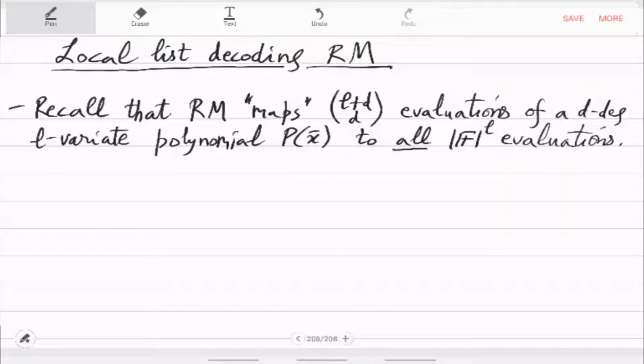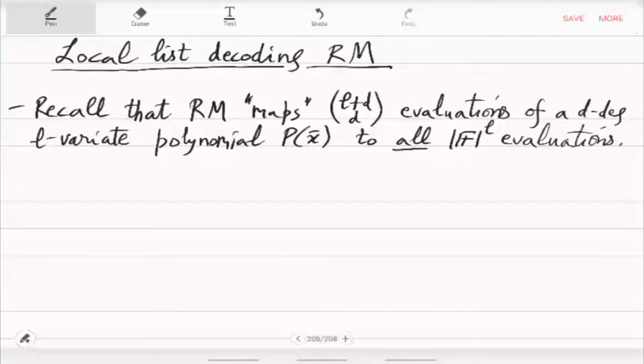Given these L plus D choose D evaluations, the message is essentially as good as giving the coefficients, so describing P uniquely, and once P is described, then the code word is all evaluations. Okay, so there is redundancy. And now when part of the code word gets corrupted, how do you recover Xj?